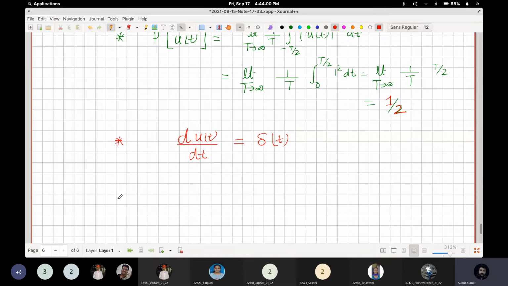Next, if you integrate or accumulate u(t) from minus infinity to t, what is this going to be? This is a function in general, isn't it? If you are integrating all the way up to t, from minus infinity to t. So what is this going to be? Can anybody tell me what this will be?